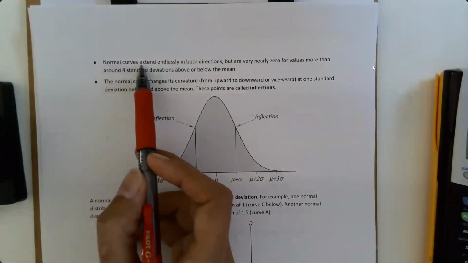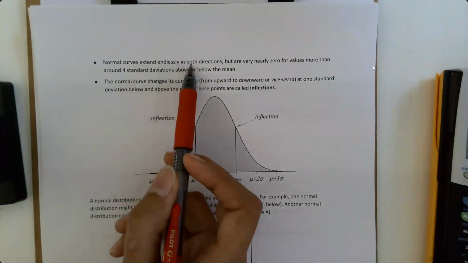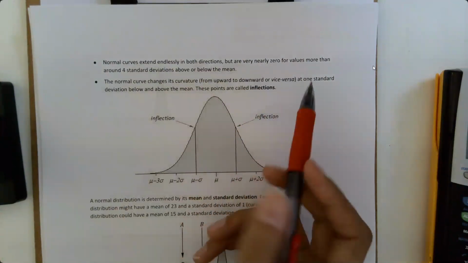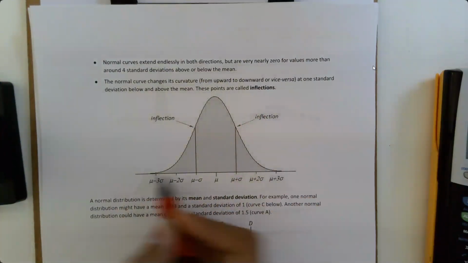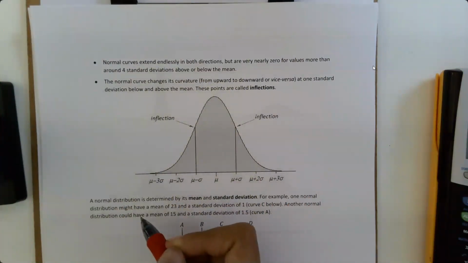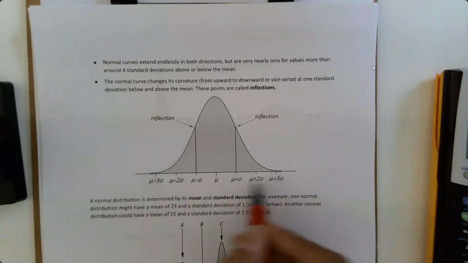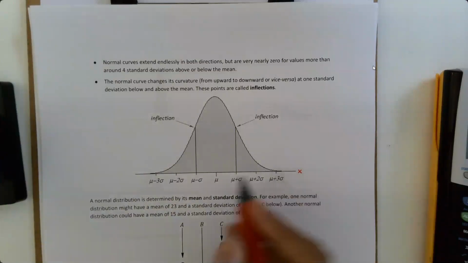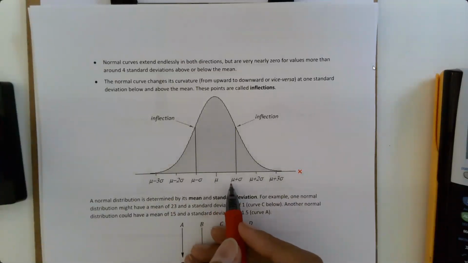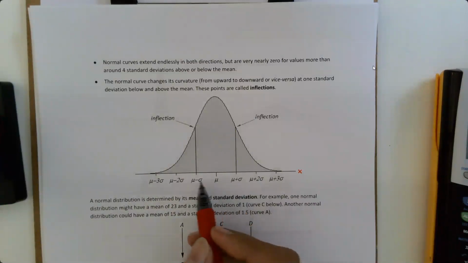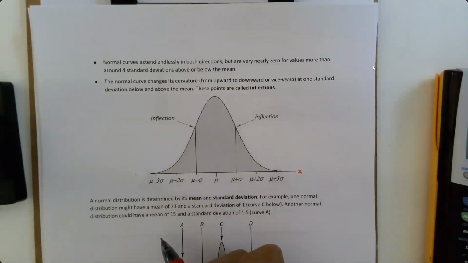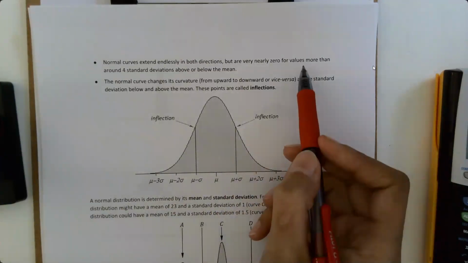Normal curves extend endlessly in both directions, getting very close to 0. The limit is getting closer and closer to 0, but they don't touch the horizontal line. On the horizontal line, you have your x values: x equals the mean, x equals the mean plus 1 standard deviation, x can take on values in between, and so on.